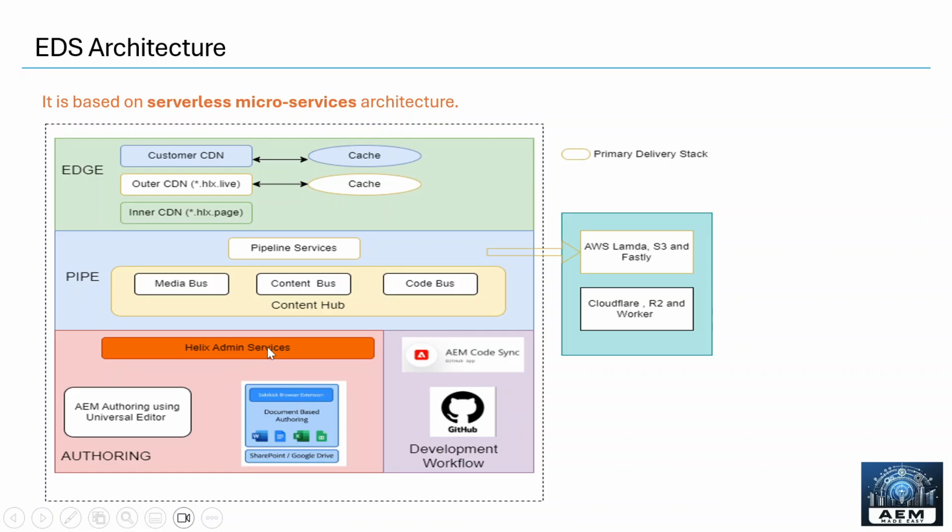This does all the important work when you publish or preview any component. When you preview any document, it converts that document into markdown format and places it in the content bus.